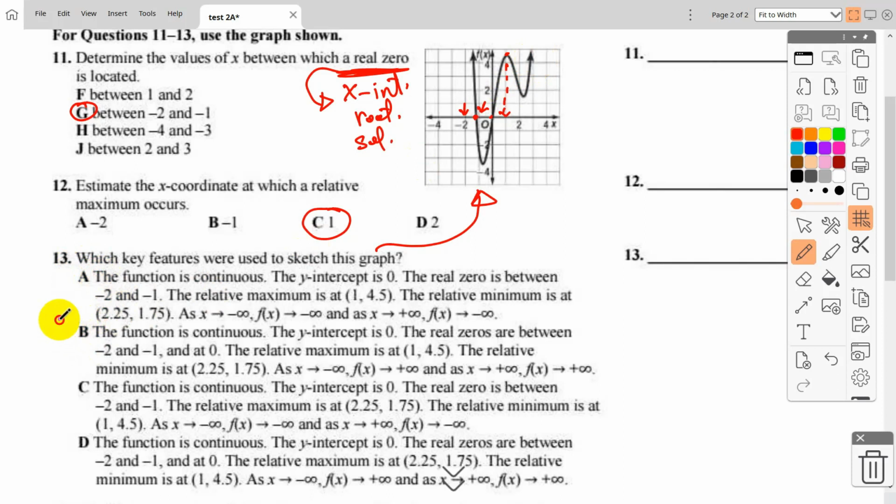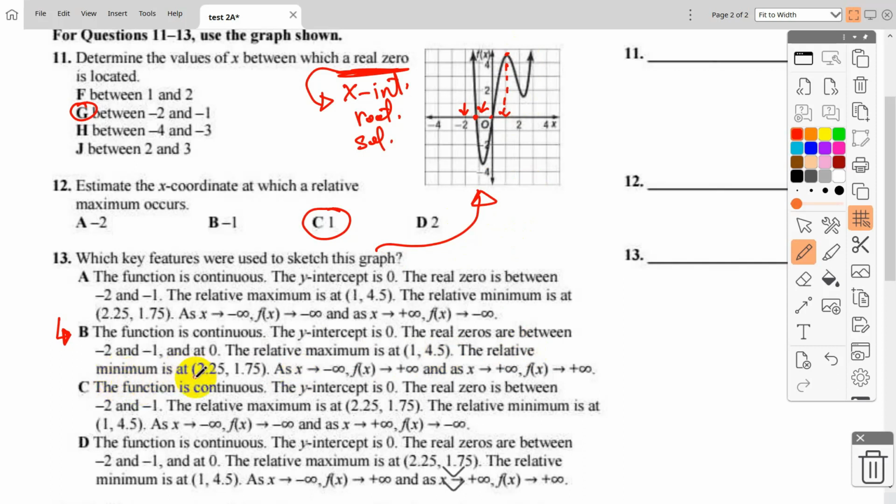Now, for letter B, the function is continuous. The y-intercept is 0. The real zeros are between -2 and -1, that's right, and at 0, this is also a real 0 for this graph. The relative maximum is at 1 and 4.5, that's right.